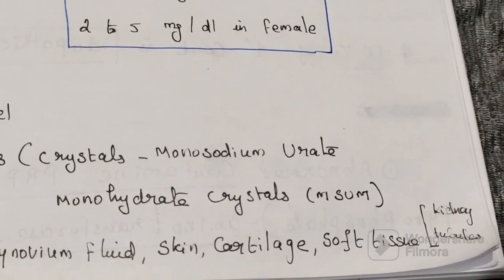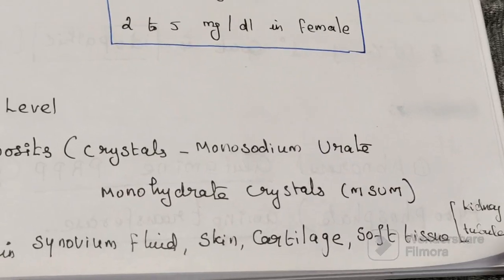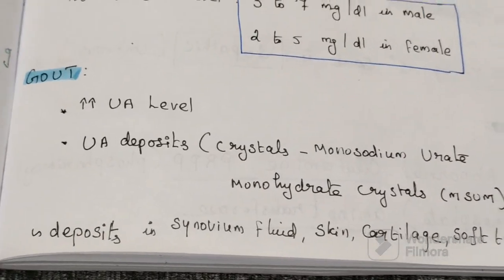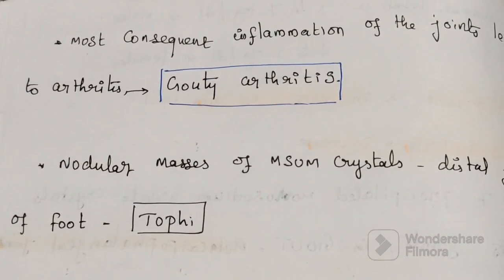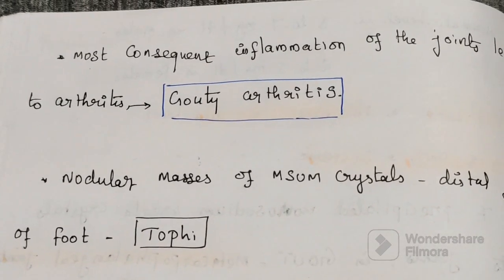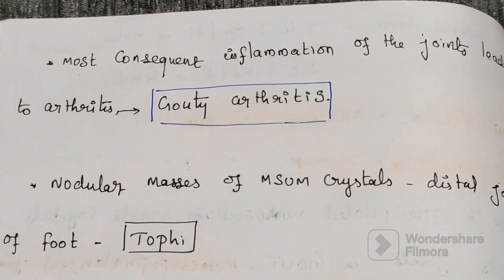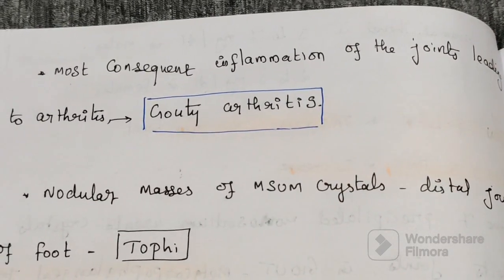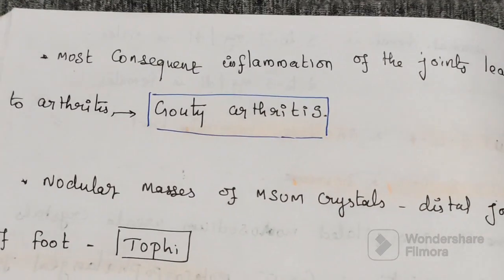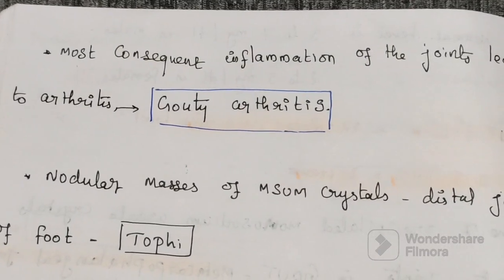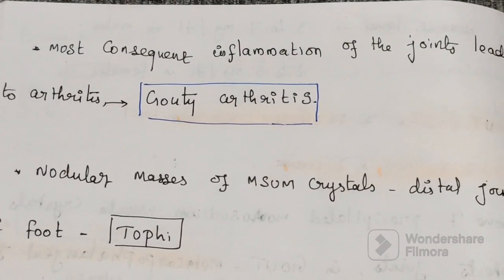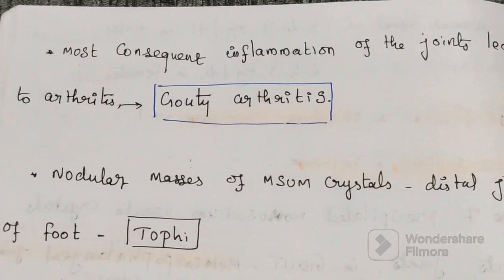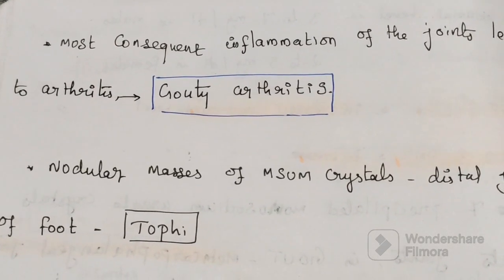It may lead to kidney stone. The most common consequence, inflammation of the joint leading to arthritis, is known as gouty arthritis.